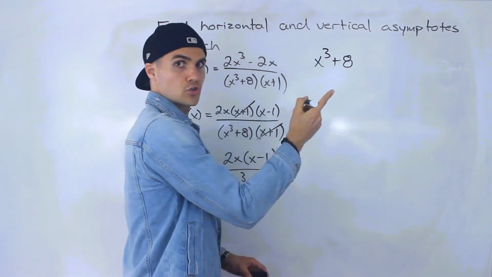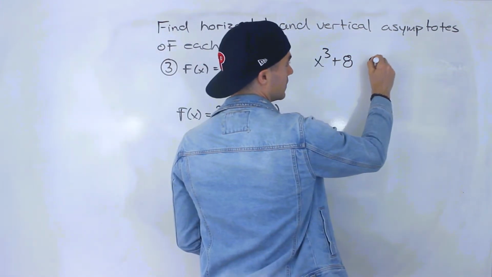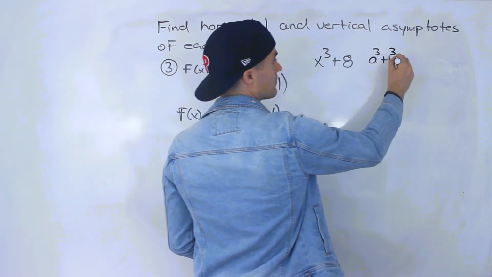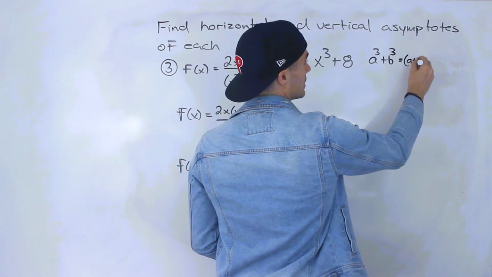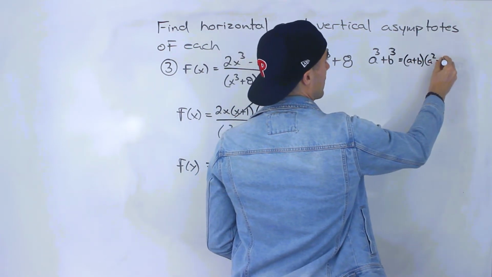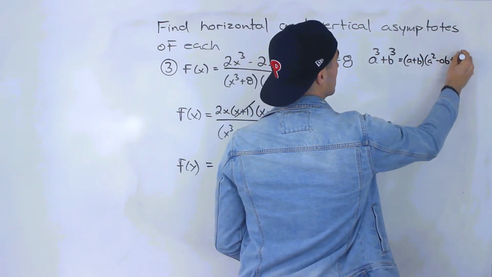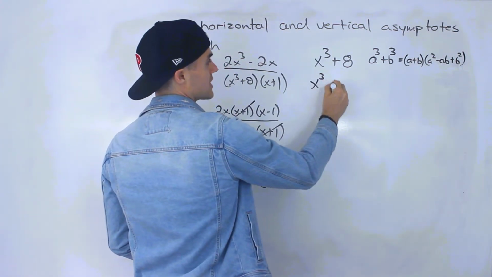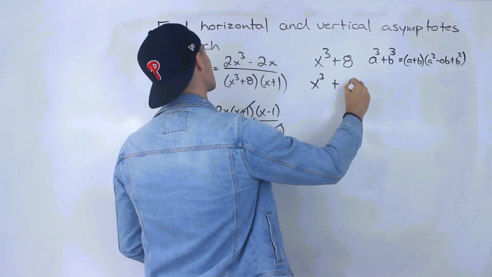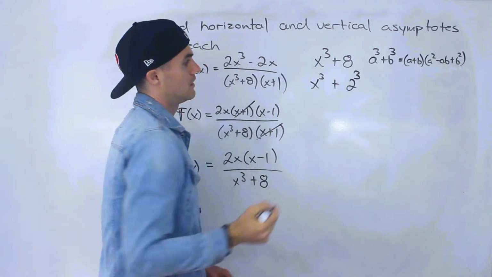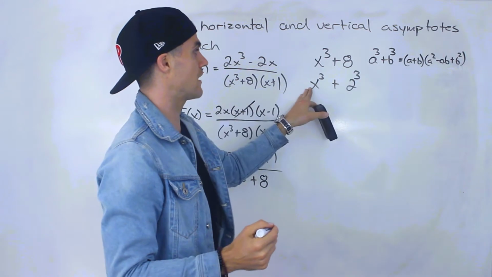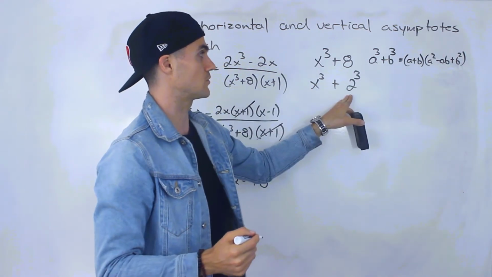Now for a sum of cubes, what's the formula? Just to do a little review, if you have a to the power 3 plus b to the power 3, that's going to be a plus b times a squared minus ab plus b squared. So this x to the power 3 plus 8, we could change that to x to the power 3 plus 2 to the power 3, right? 8 is the same as 2 to the power 3, and notice that this a value is x, this b value is 2.